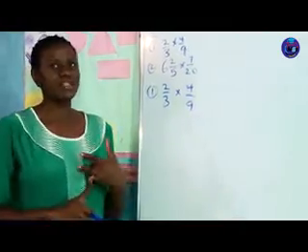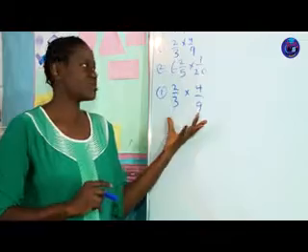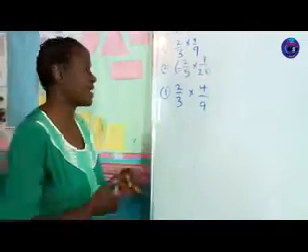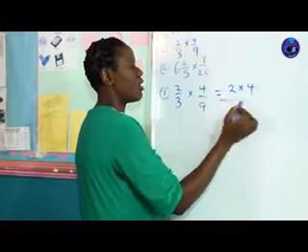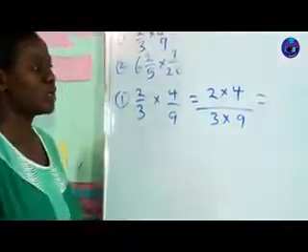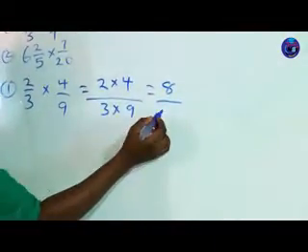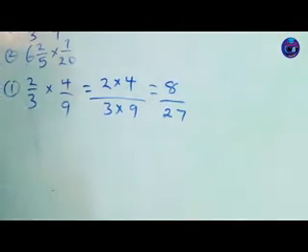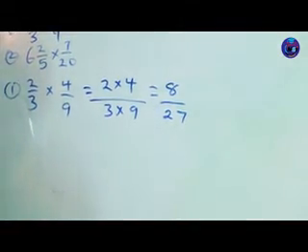It isn't addition nor subtraction where we need to work on the denominator, so we could go directly. What do we do? 2 times 4 all over 3 times 9. 2 times 4 is 8 and 3 times 9 is 27. So the answer would be 8 all over 27.